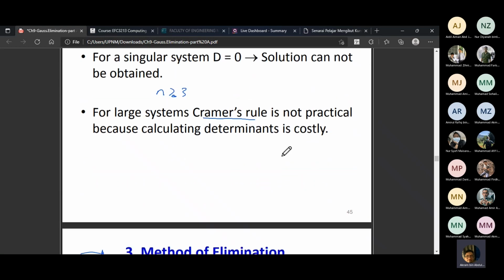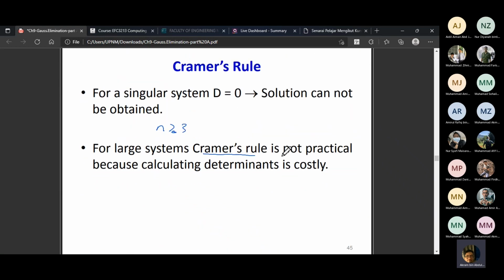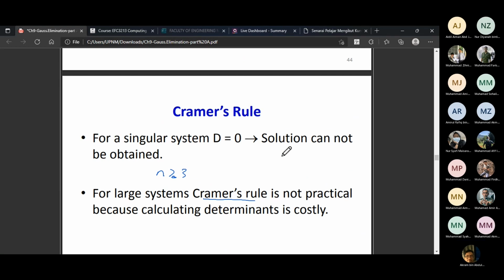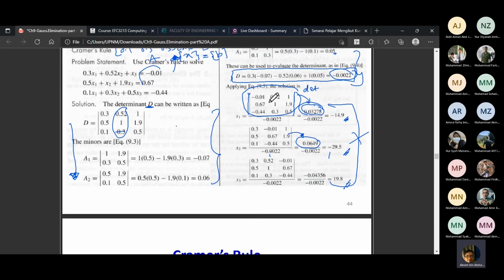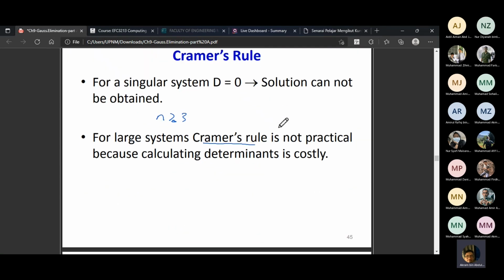For a larger system, the Cramer's rule is not practical because every time you nak kira X1, X2, X3, dia akan involvekan, you kena kira lagi sekali determinants. So kalau lagi banyak X yang kamu nak cari, maka lagi banyaklah determinants yang kamu kena kira. So the calculation of determinants is costly.